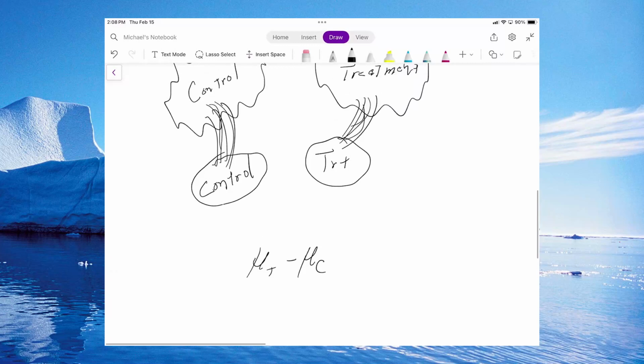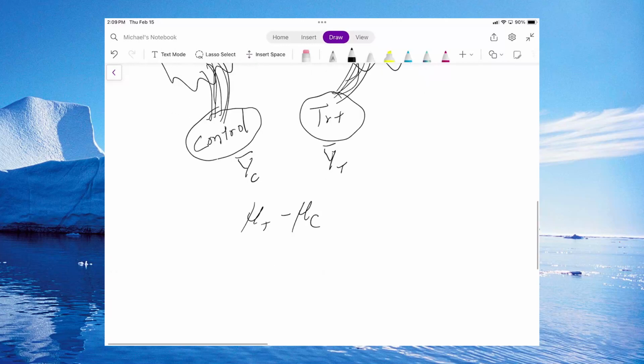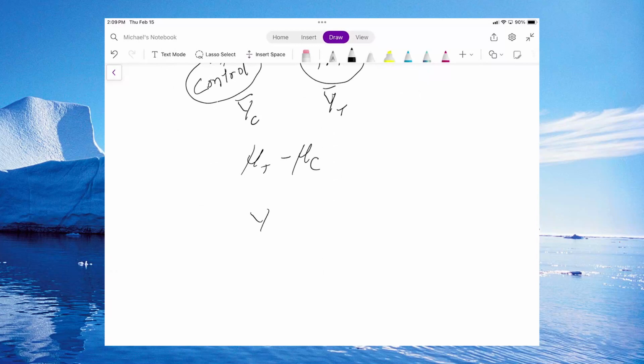What in essence we can look at is we can look at the means for the sample in the control and the sample in the treatment. And so we have the mean of the treatment minus the mean of control for the sample, and we're using that to estimate what it might be in the population if we looked at the population mean of the treatment minus the mean of the control.